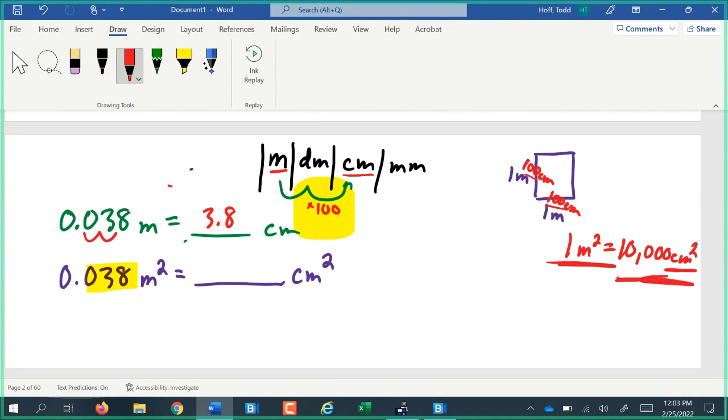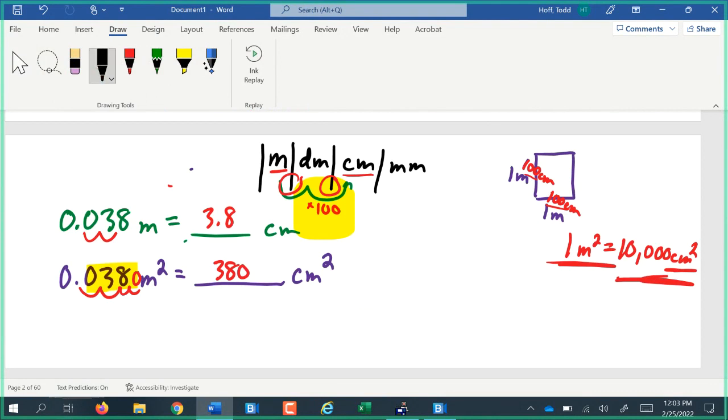It sounds complicated, but the net effect is actually very simple. Each spot on this chart is not 1 decimal place, it's 2 because the units are squared. So 2 spots on the chart becomes 4 decimal places. So I move 1, 2, 3, 4. I have to add a 0. That is 380 square centimeters.